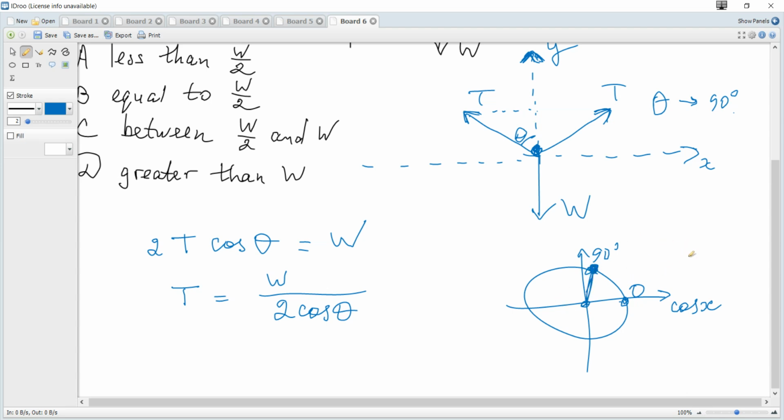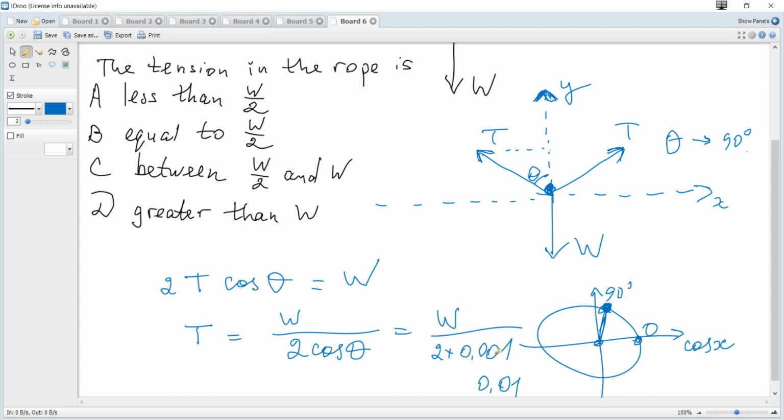So it's a very small value, for example, 0.01 or something like that. And it becomes W over 2 times 0.01 or something like that.